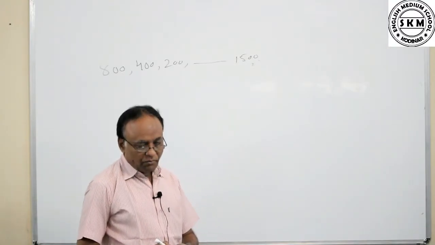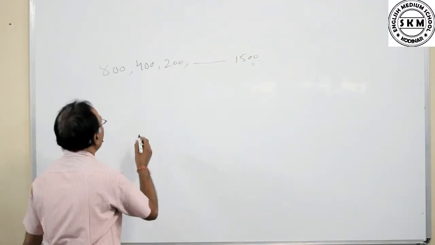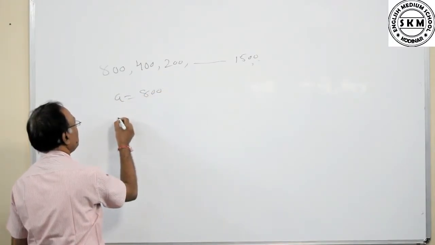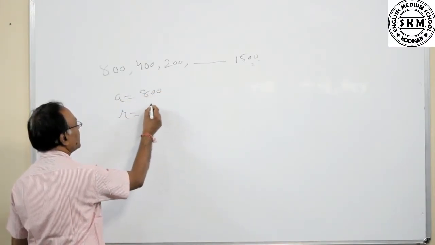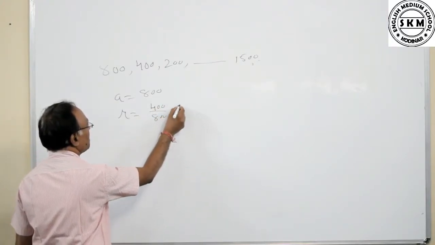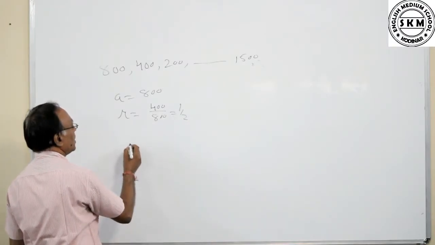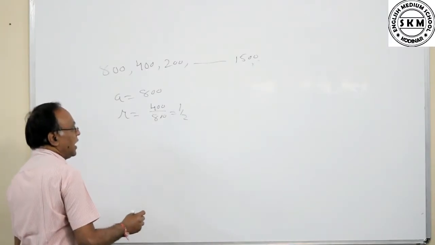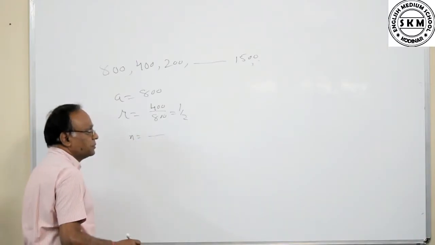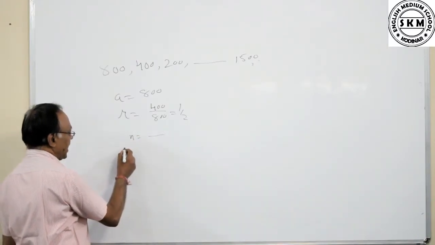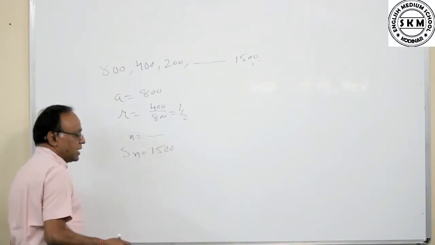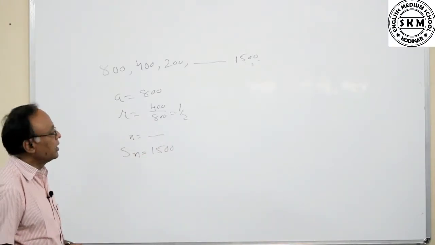Now, A is equal to 800, and the common ratio R, second term divided by first term, is 1 upon 2. We actually want to find n, and the Sn value is given as 1500.